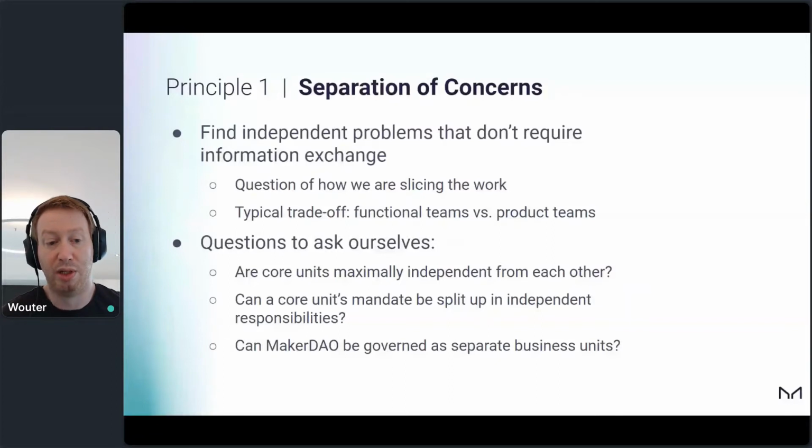So, for example, the DAI stablecoin is a very different product from Maker Vaults, and yeah, there are many other aspects of the Maker protocol which constitute products that may be separated in different business units. So this is another one that we can look into.